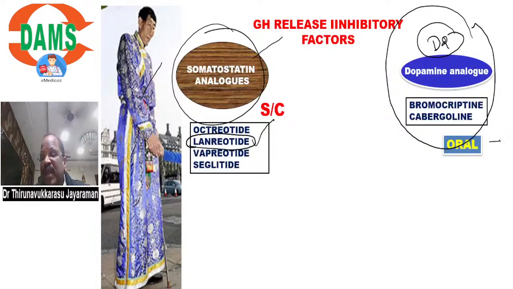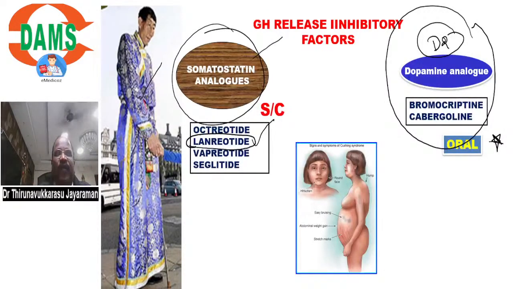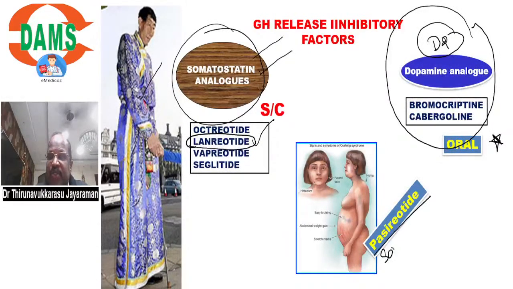So the orally useful drugs for treatment of acromegaly are D2 agonists like bromocriptine and cabergoline. Here one extra point. We have one somatostatin analog named pasireotide. Pasireotide is a somatostatin analog.